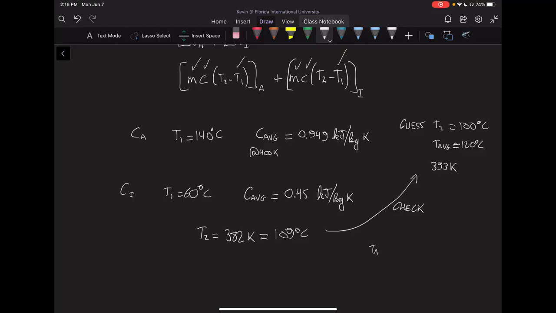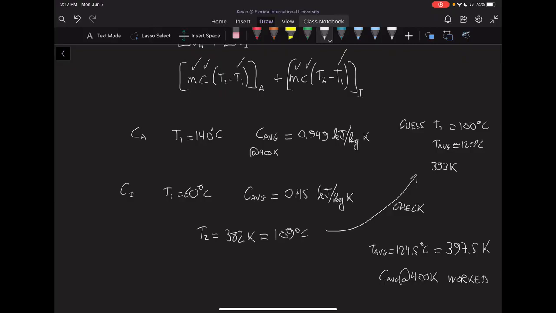So T average was actually 124.5 degrees Celsius, which in Kelvin is equal to 397.5. So we were okay with guessing 400 Kelvin. So we can say that C average at 400 Kelvin worked. We were actually very close to that value.